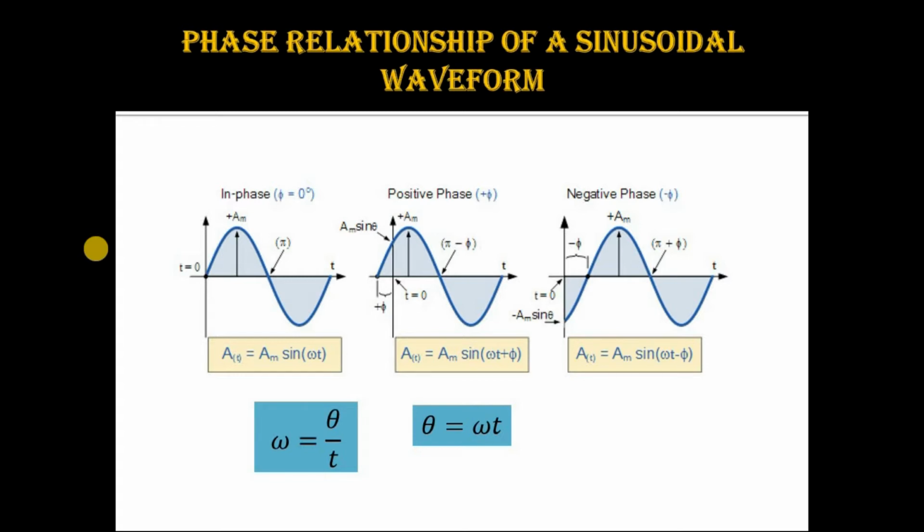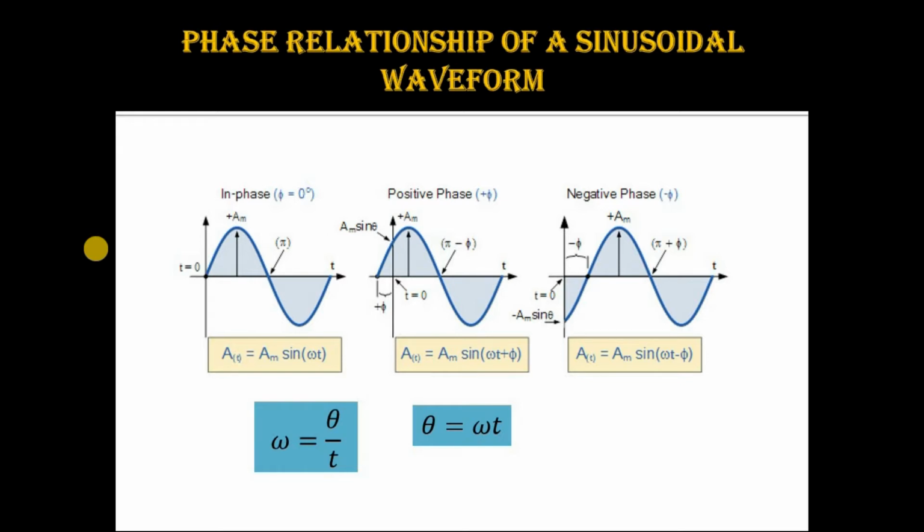The third sine wave starts at plus 5. The third sine wave starts at plus phi. Normal sine wave starts at 0, but this sine wave starts at plus phi. So there is a phase delay.